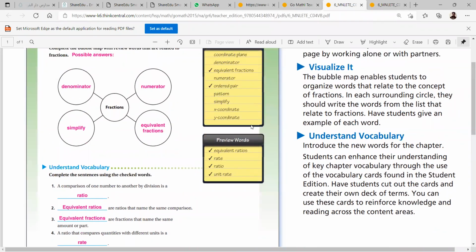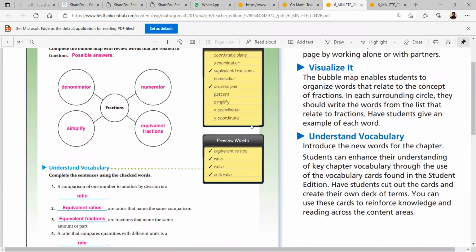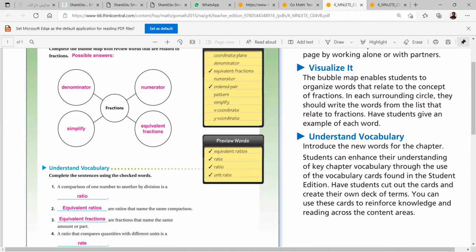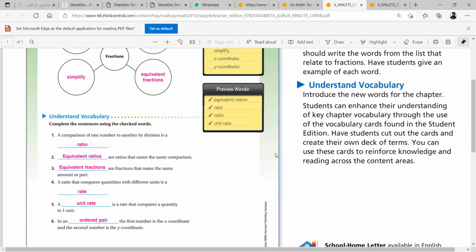This is not as denominator or numerator. Miss, do we write like the first one? Vocabulary is just to learn.